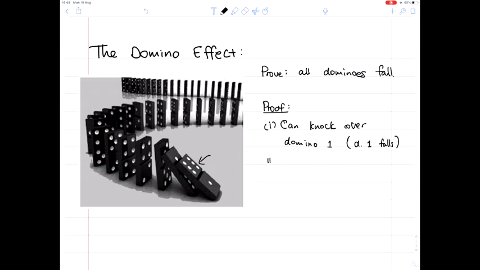And then the second thing that you need to know is that if I knock over some domino, let's call it domino k, so for example, if I knock over that domino, then the domino next to it falls over automatically. So domino k plus 1.